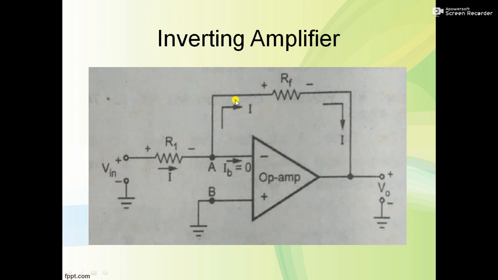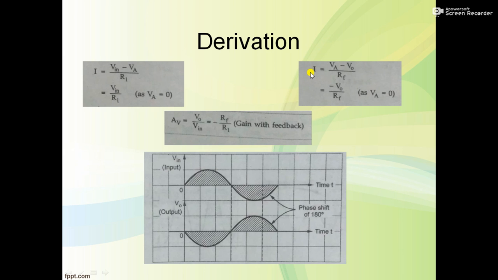From this equation, we get one more current equation: I is equal to VA minus V0 divided by RF. Because VA is equal to 0 volt, we get minus V0 by RF.